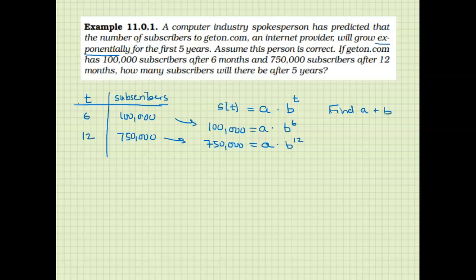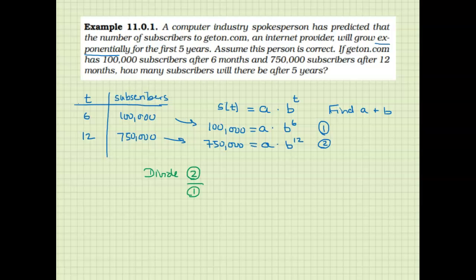Now we have to find a and b. A good strategy in this case is to divide these equations, because then we can cancel out the a. I'm going to do equation 2 divided by equation 1, just for convenience, because the numbers in 2 are bigger.